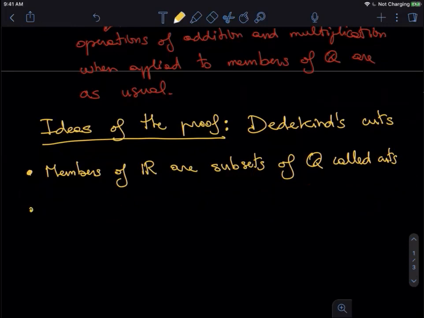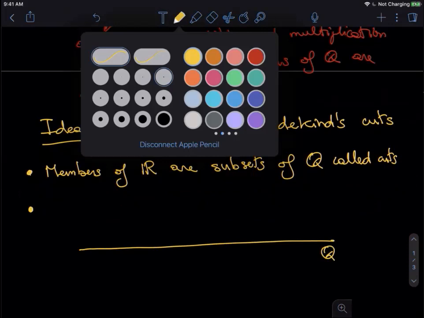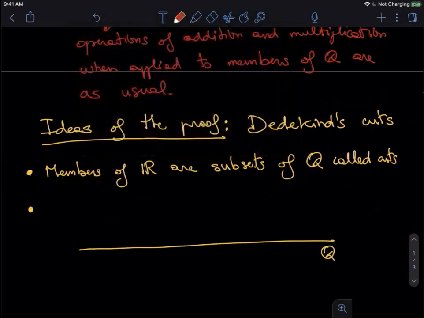So if we have here our rational numbers, this line looks solid, but it's not, okay? Because it's only the rationals. It's porous, it's like a mosquito net. So a cut, we are just going to split the set of the rational numbers in two parts.